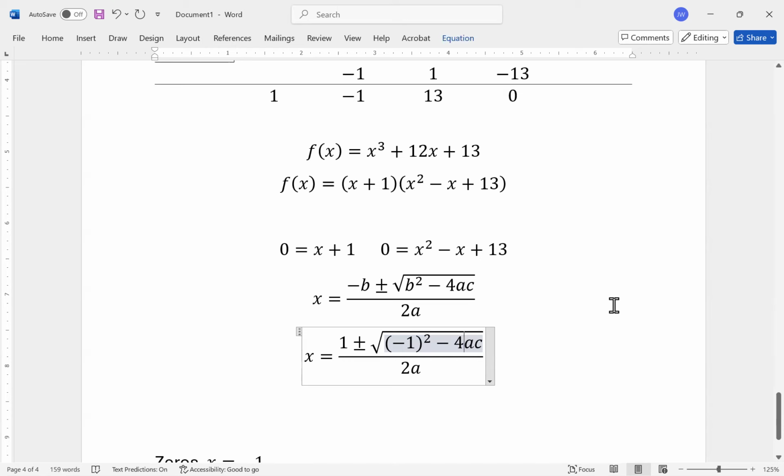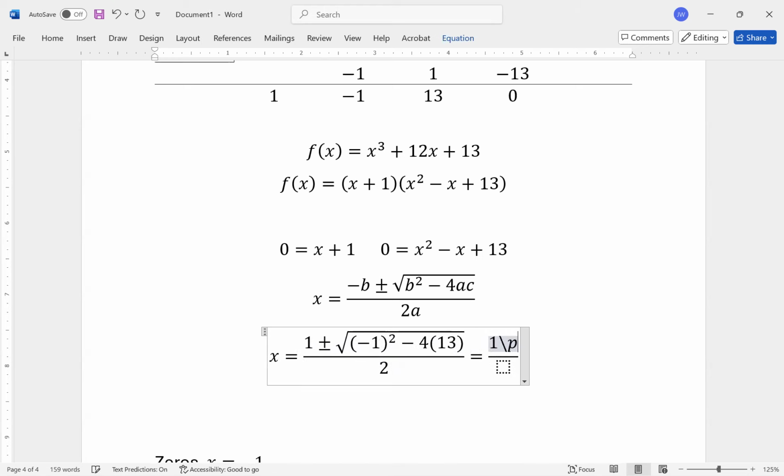In this case, a is 1, so 1 times anything is itself. And c is obviously 13. Inside that square root, I'm getting a -51. So this turns out as the fraction whose numerator is 1 plus or minus the square root of -51, all over 2.